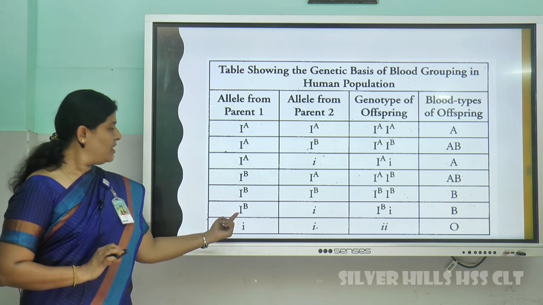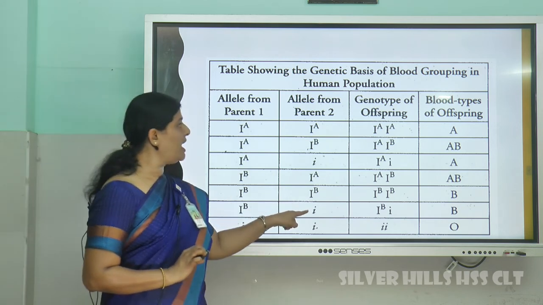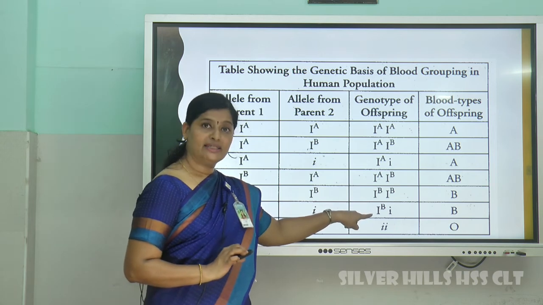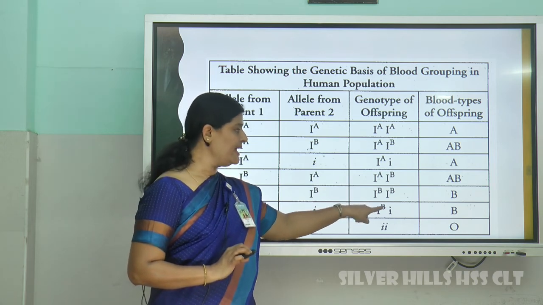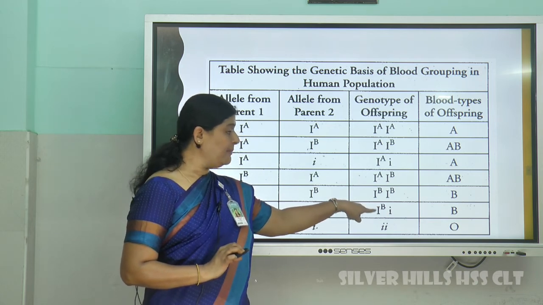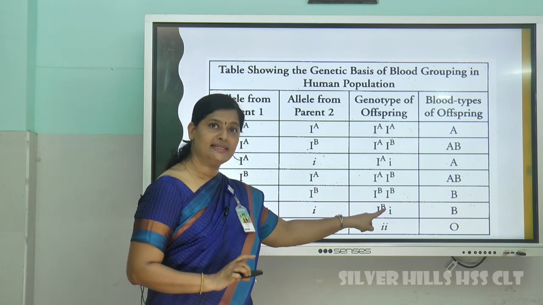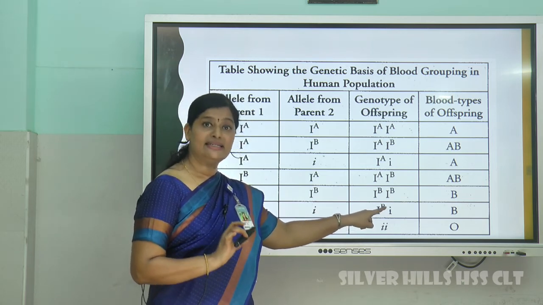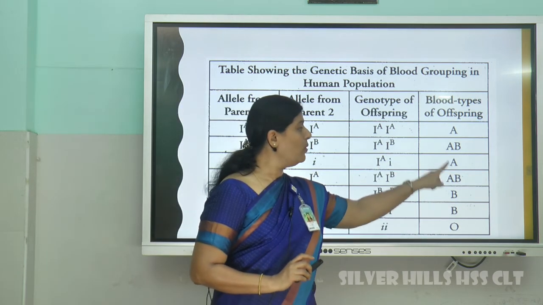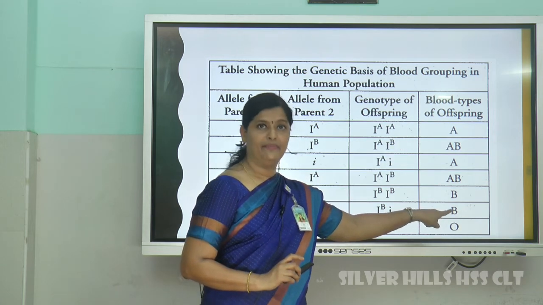Next case: IB from the father and small i from the mother. The genotype is IBi. IB will produce antigen B. What about small i? Will it be producing any antigens? No, because it is a recessive factor. It cannot produce. So this child will have only antigen B, and that's why his blood group is B.